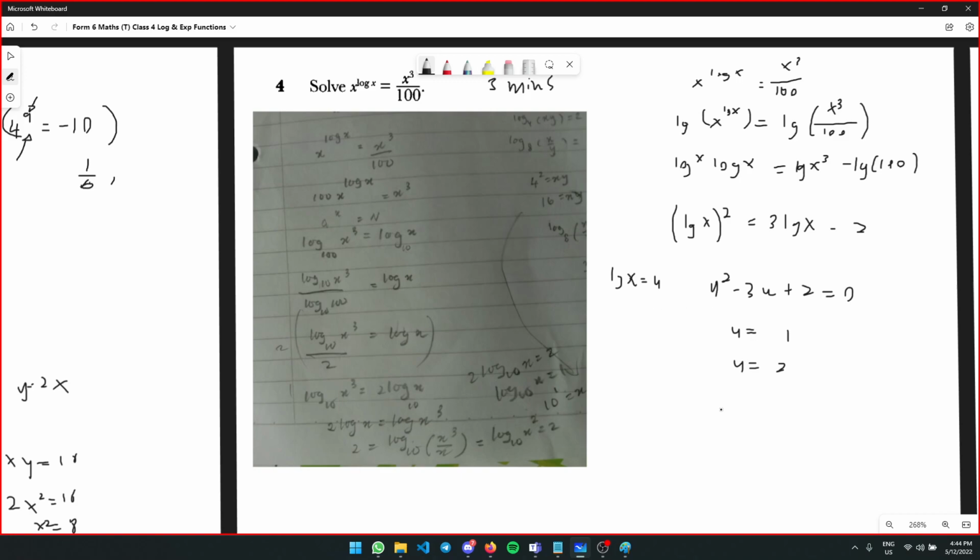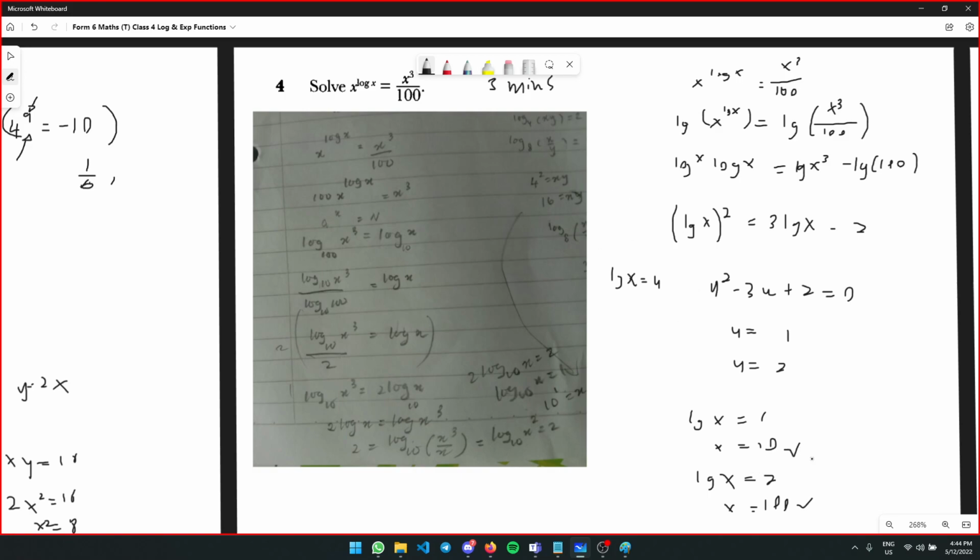So what do you do with this? You can just input back again. Log x equals 1, so x is basically 10. And also log x equals 2, which will give you x equals 10 to the power of 2, which is basically 100. So you will get two possible answers.